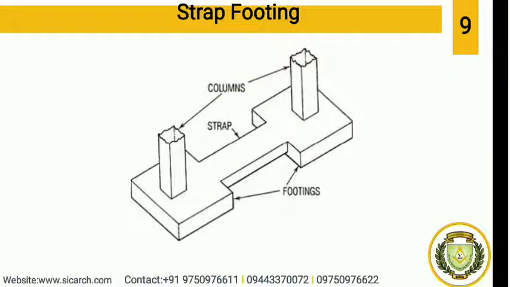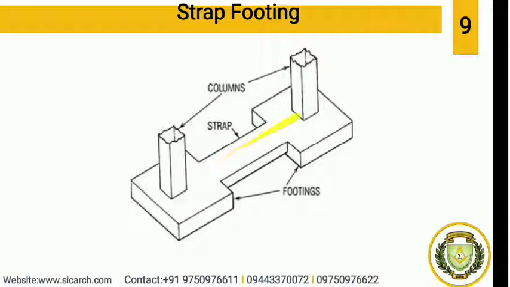Next is strap foundation. So if we have two columns with independent bases and a connection is given between the columns through a beam, this type of footing is called strap footing.